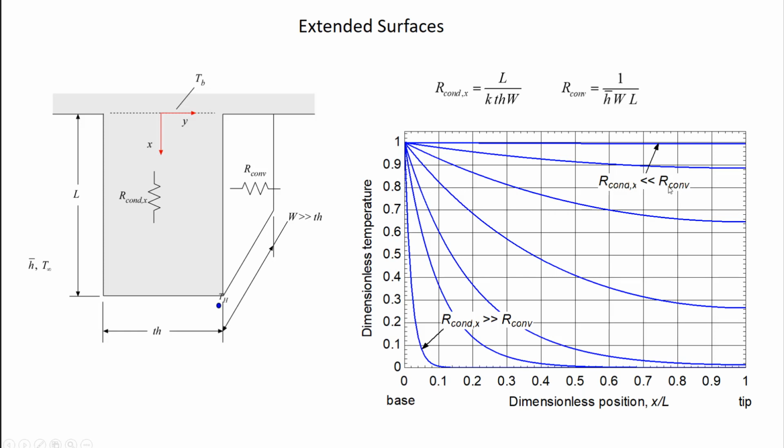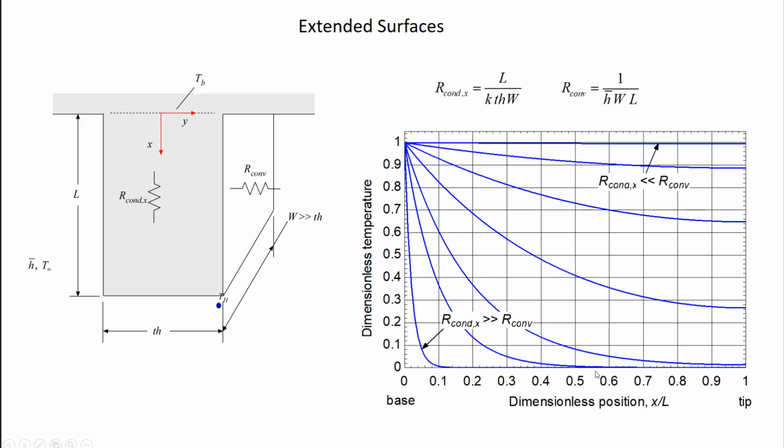In the opposite situation, I could have a fin where conduction in the x direction is really big relative to convection. And if you think about what that means physically, it means it's really hard to move energy along that fin by conduction, right? All of my temperature drop is going to be due to conduction. Almost none of it's going to be due to convection, right? And that's this line here, where I get this massive temperature drop due to conduction in the x direction, and then basically the fin comes to T infinity for the rest of the way, right?